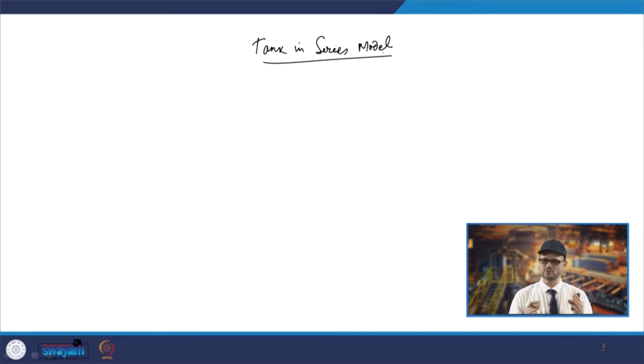So, when you have a vessel where the input is coming at one place, and then you have different places where you have to measure the output, it is like the tanks which are connected in series. So, for that number of tanks, you will have the tracer response in a different manner.